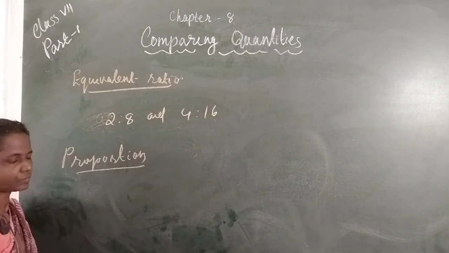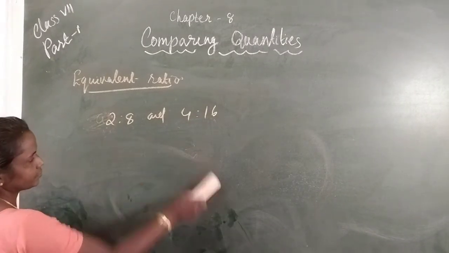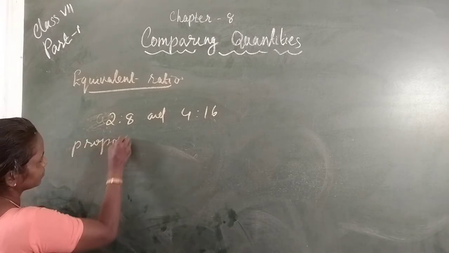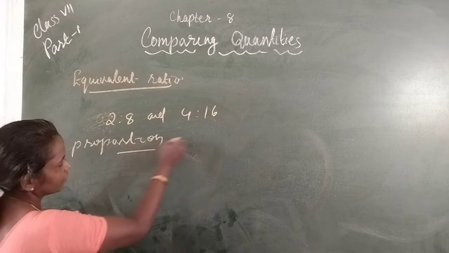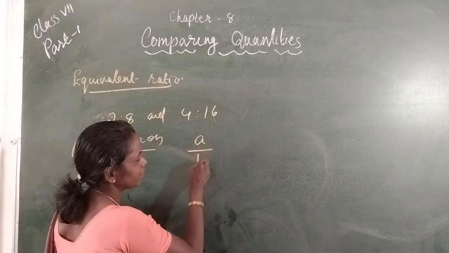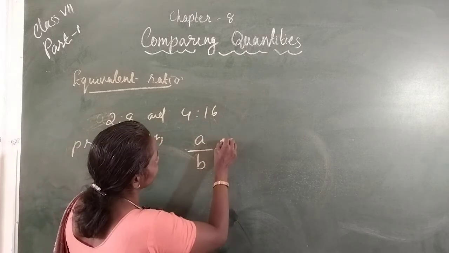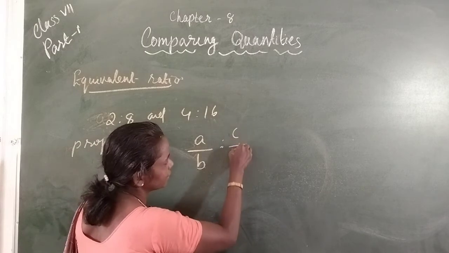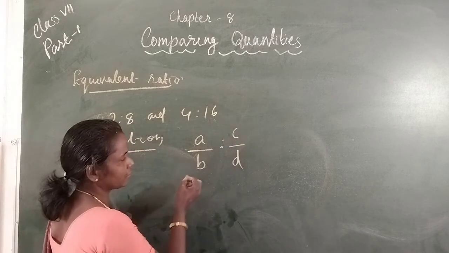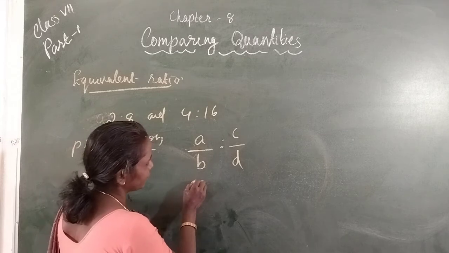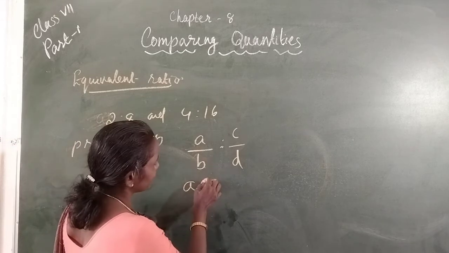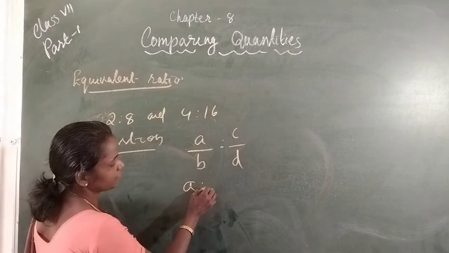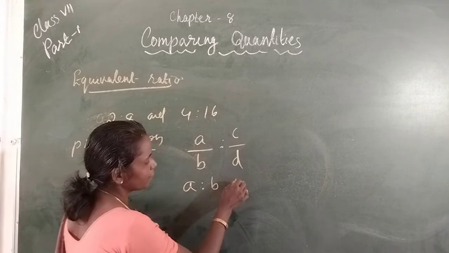Then we can write A by B is to C by D. Or look, A is to B, then the proportion sign.